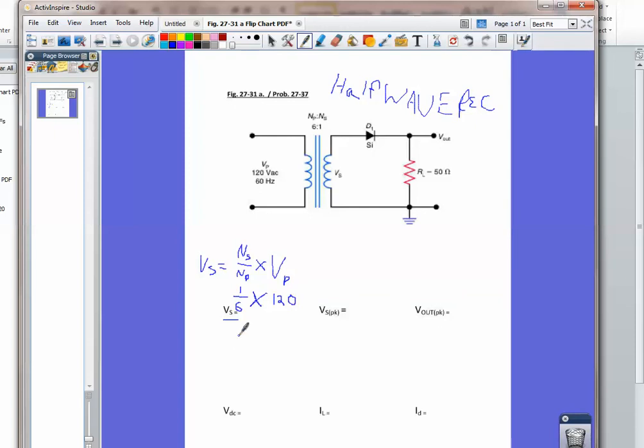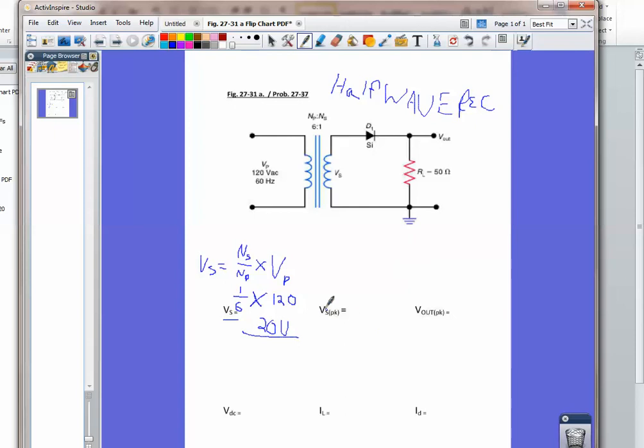Okay, so on your calculator you're going to do 1 divided by 6 times 120. And this will give you an answer of 20 volts. Okay.